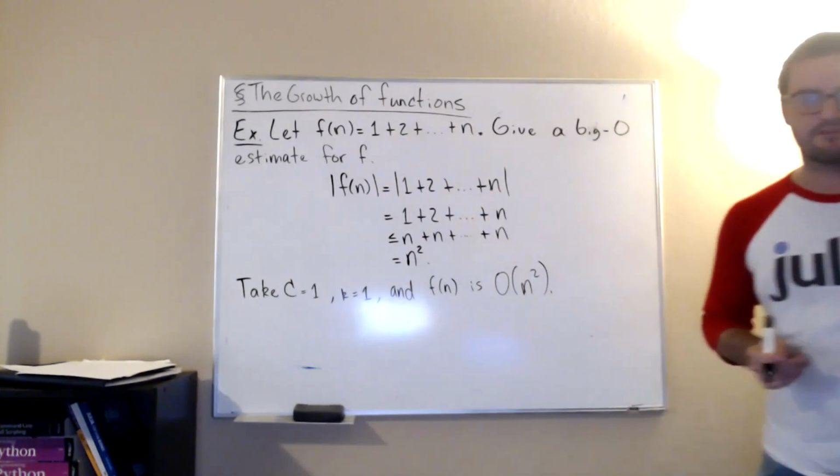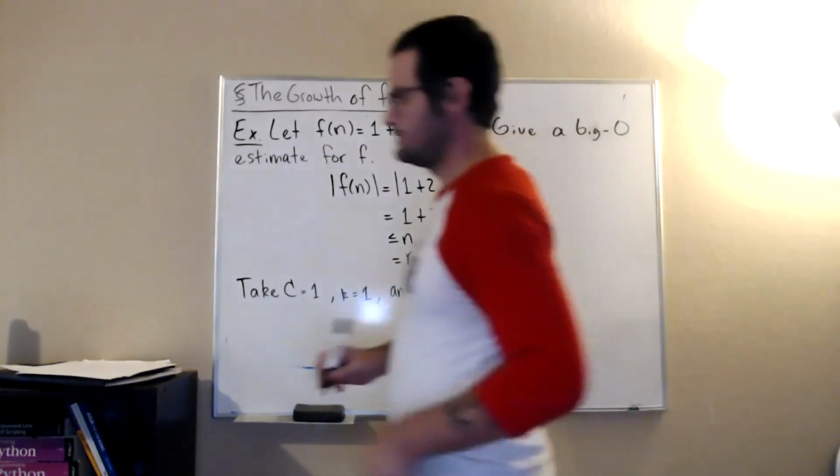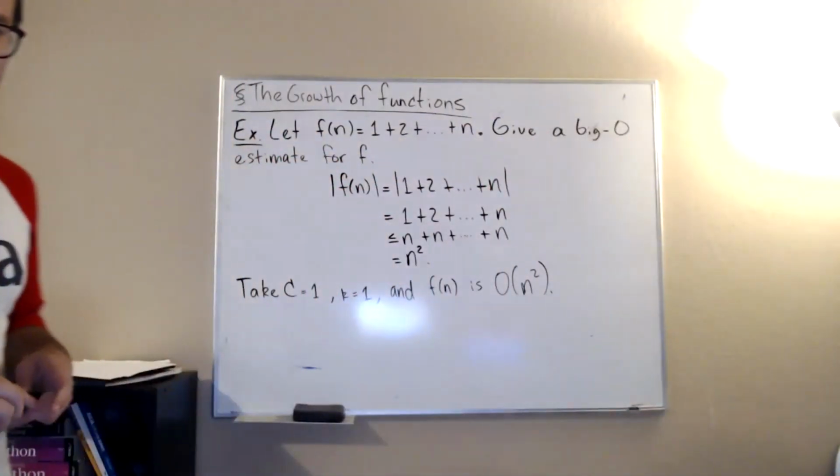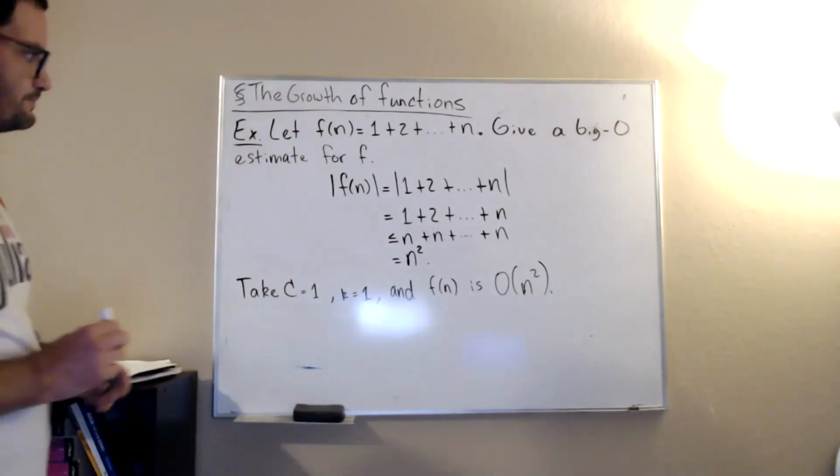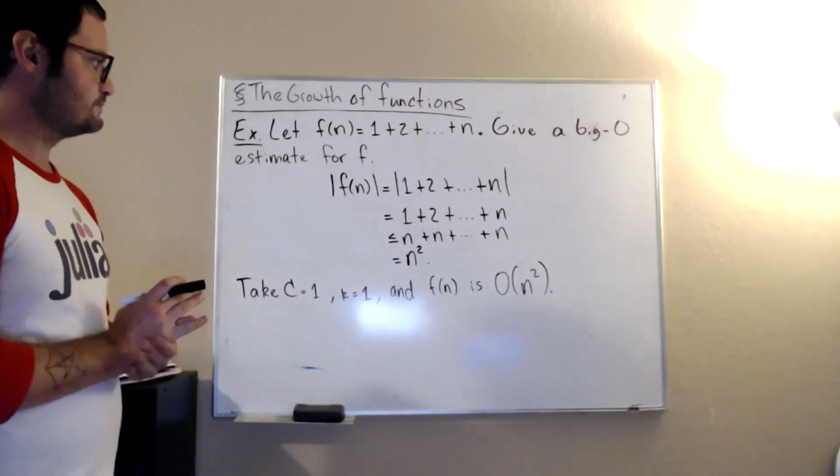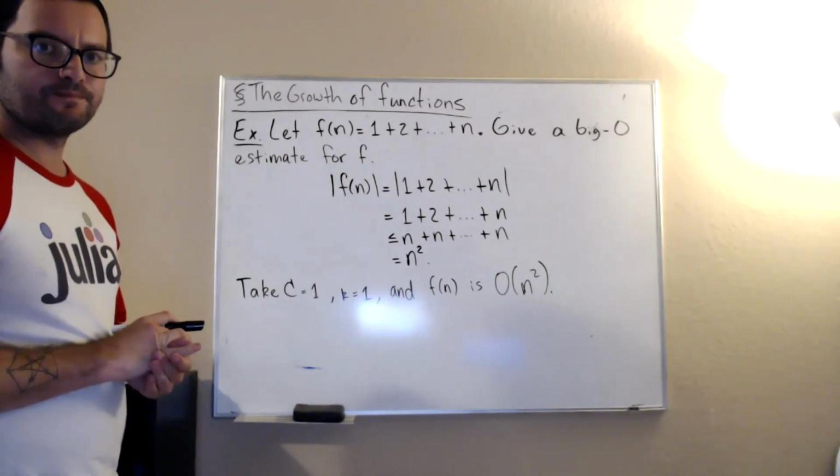So summing the first n positive integers is big O of n squared. Okay.